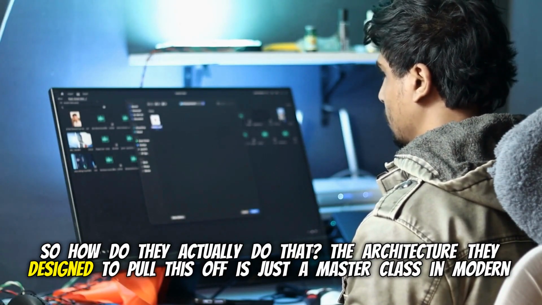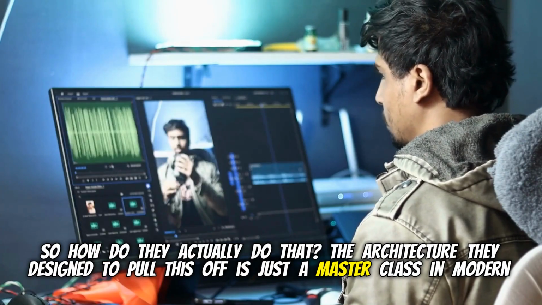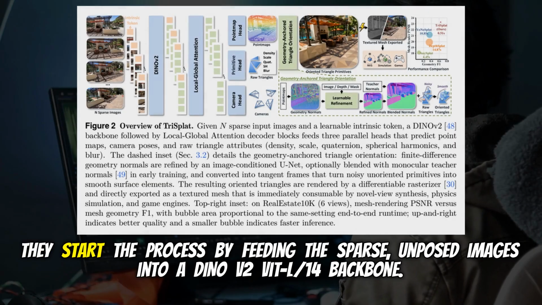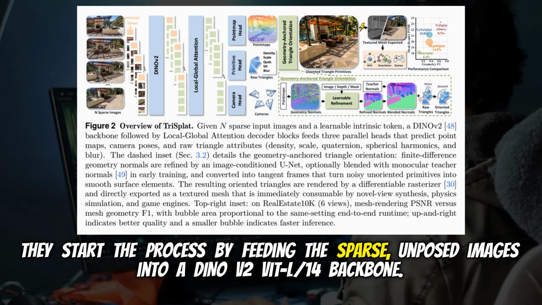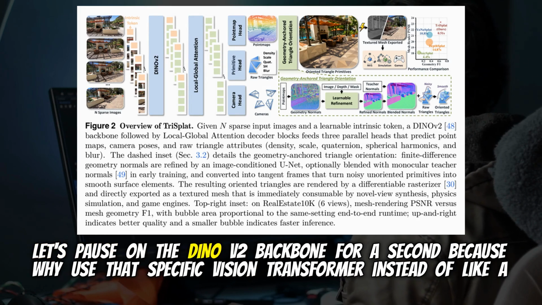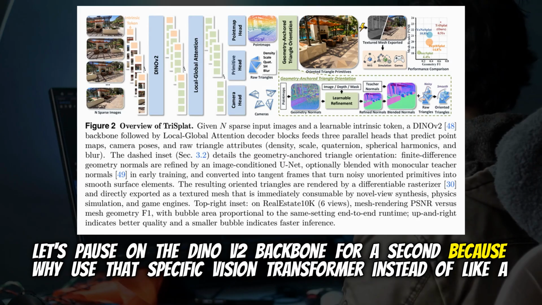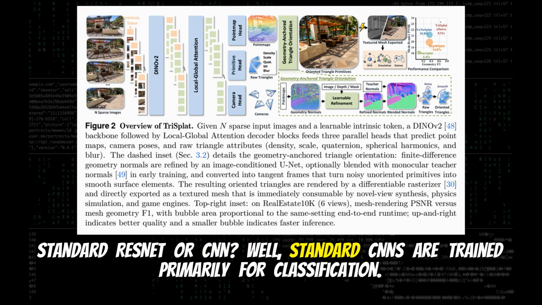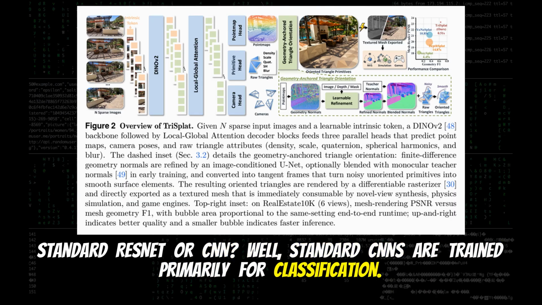The architecture they designed to pull this off is just a masterclass in modern vision pipelines. It really is. They start the process by feeding the sparse, unposed images into a DINOv2 ViT-L/14 backbone. Let's pause on the DINOv2 backbone for a second, because why use that specific vision transformer instead of a standard ResNet or CNN? Well, standard CNNs are trained primarily for classification.